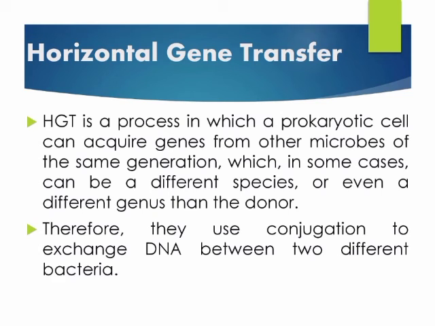It actually involves two bacteria. One bacterium extends a pilus to the other bacterium, and as I have discussed, that particular bacterium is known as the donor bacterium or the male bacterium, and the other is denoted as the recipient or female bacterium.